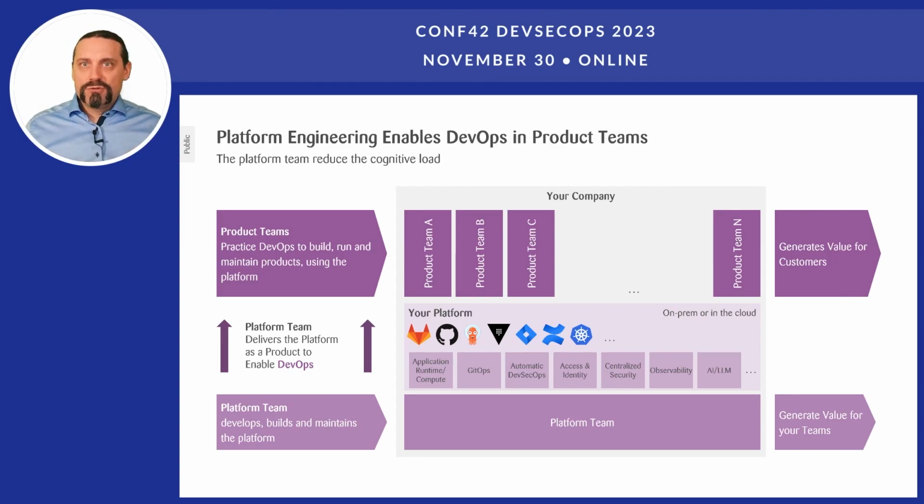The platform team just gives them the platform where they can build upon that. A standardized platform which generates value for these teams. And this means that the product team can do DevOps, the cognitive load is lower, so they can generate value for their customers, and the platform team generates value for the teams.